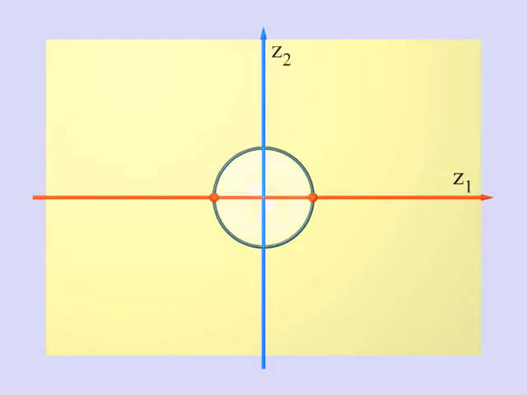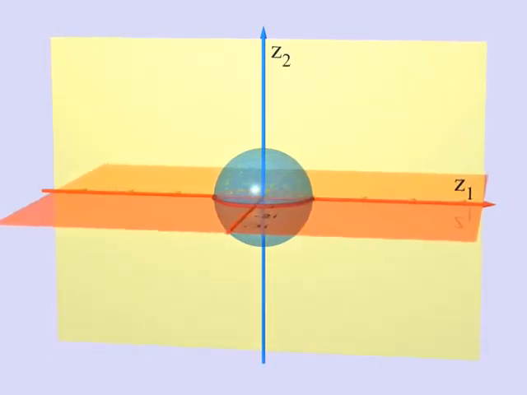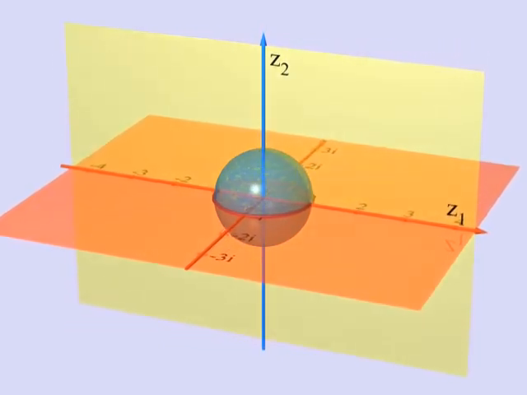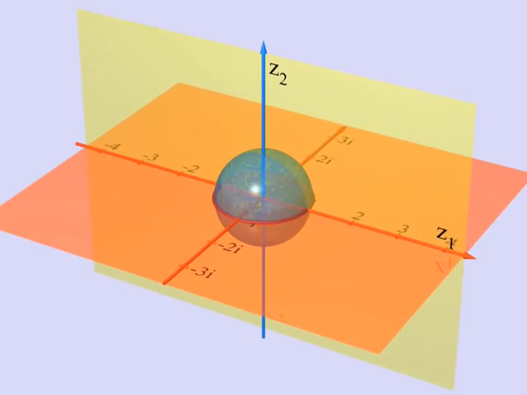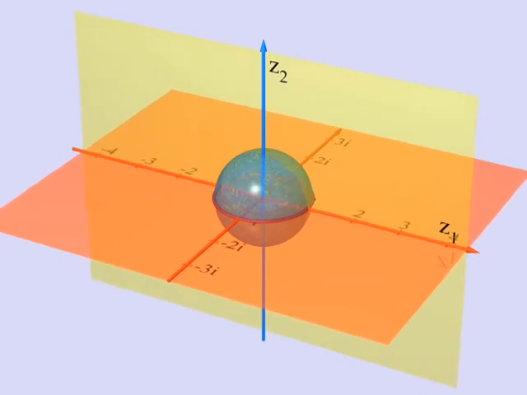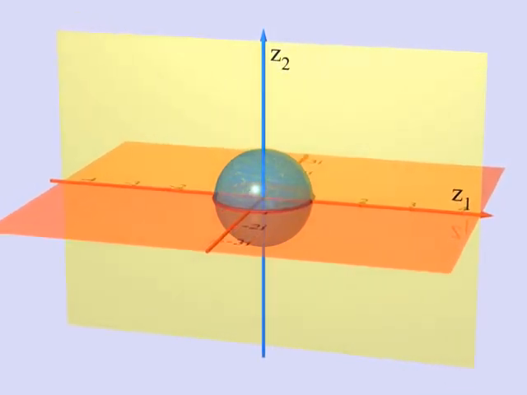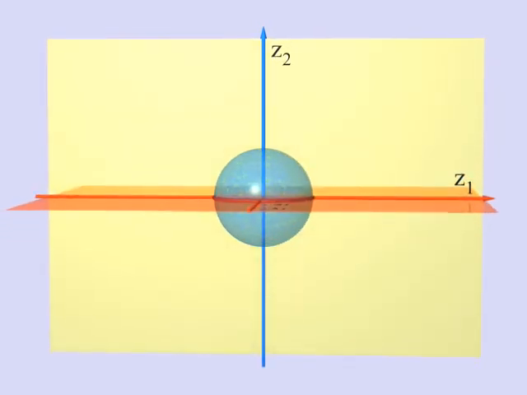Let's try to see at least how this sphere intersects the first axis. The three-sphere intersects the first axis in the set of points on this axis which are at a distance 1 from the origin. You see, the three-sphere intersects the first axis in a circle.